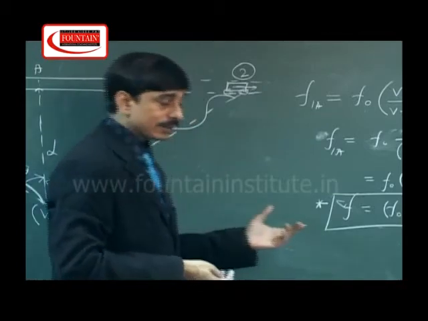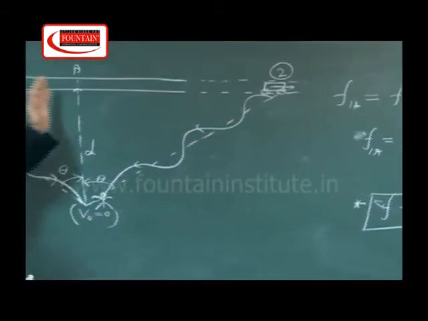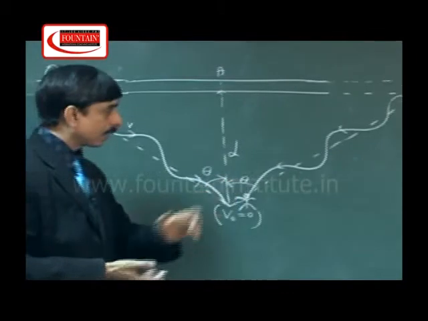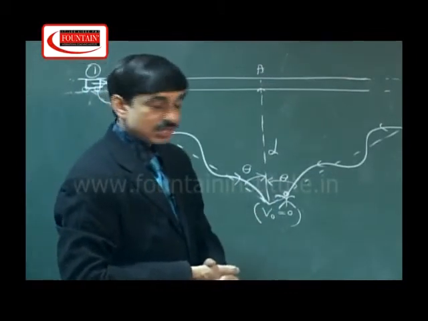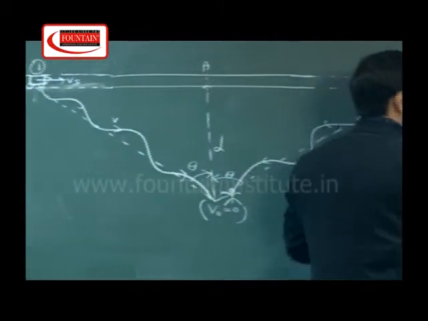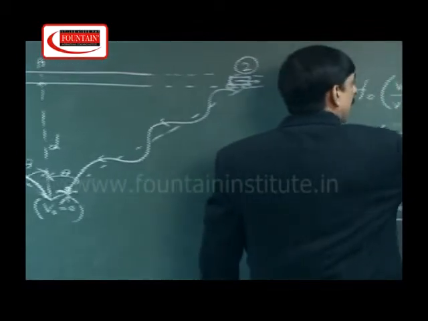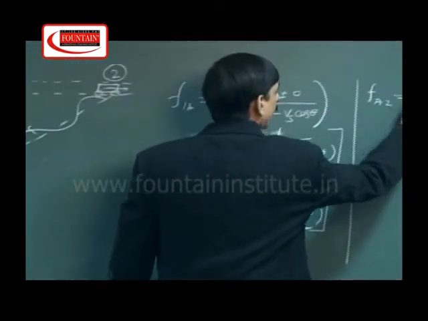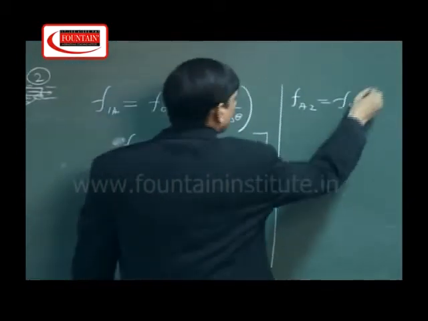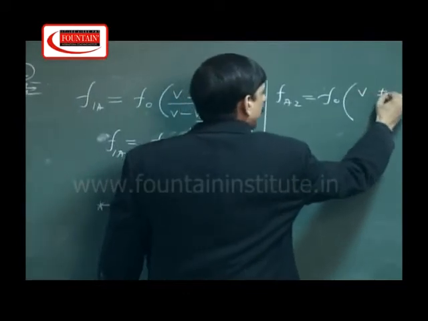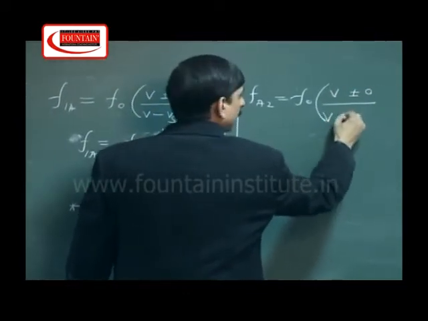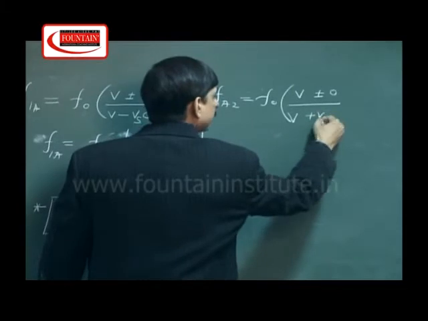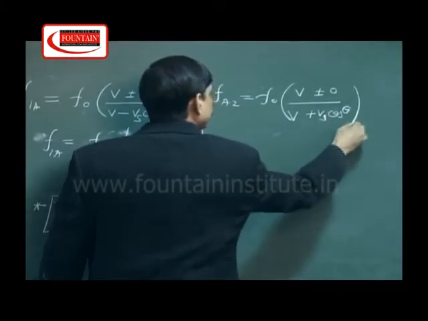Now in the second case, when it is moving from point A to point 2 and you are taking the angle at a point of the same theta, although theta is a variable thing, then we are getting f(a2) as f0 of v plus minus 0 upon v plus vs cos theta. It will get less frequency.